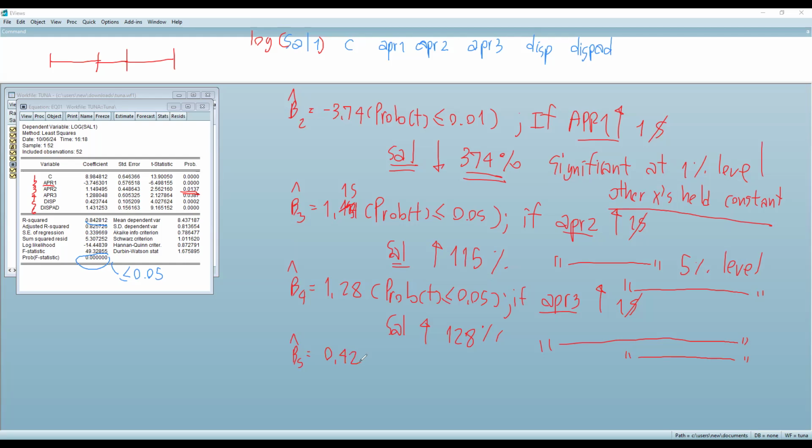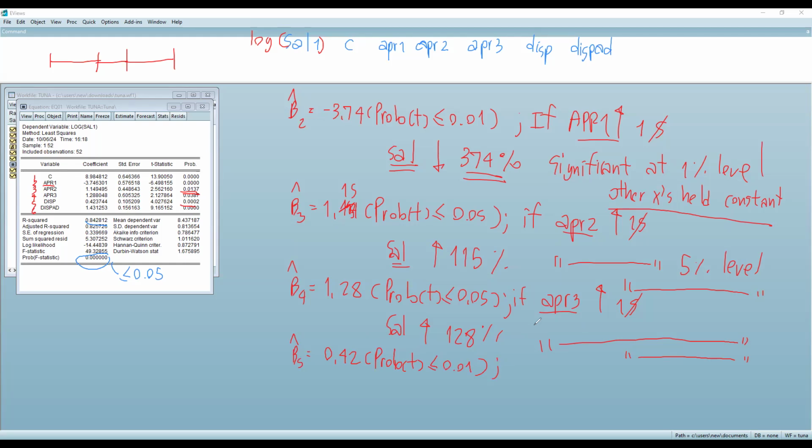0.42. This is the dummy variable, okay? So you have to come back to read the equation.